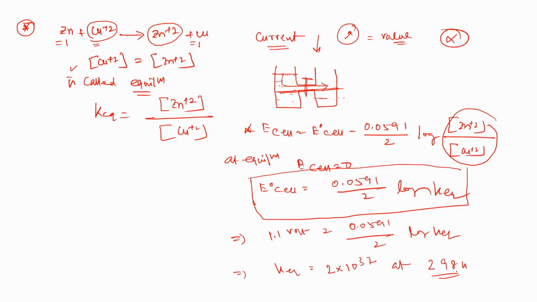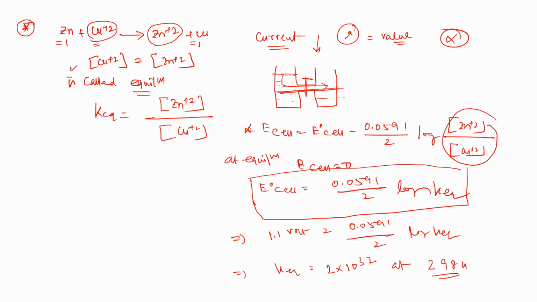So at this temperature, the equilibrium constant value will be 2 into 10 to the power 37. In this way, we have to calculate the equilibrium constant from the Nernst equation.